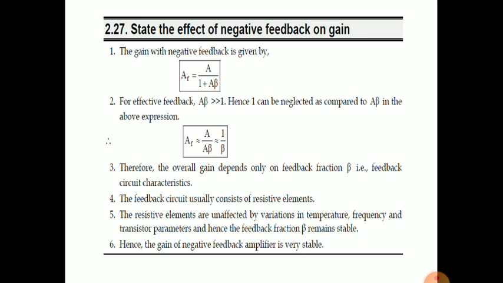As we know, the feedback network is a resistive network which consists of only resistors. So the resistors do not depend on the variation of temperature, frequency and transistor parameters. So beta remains stable. Hence the gain of a negative feedback amplifier is very stable.